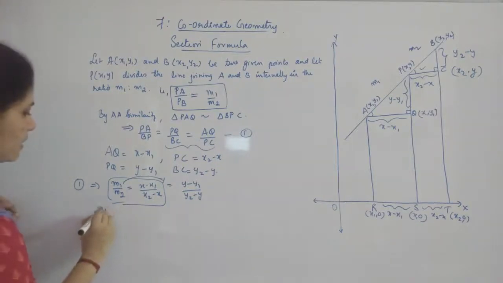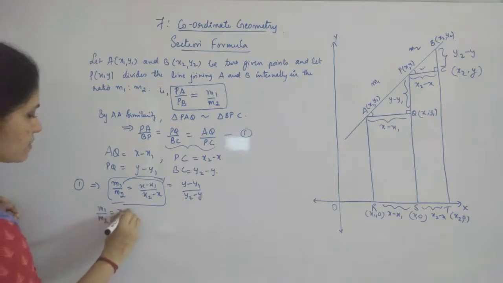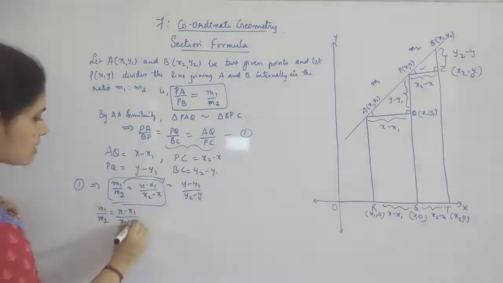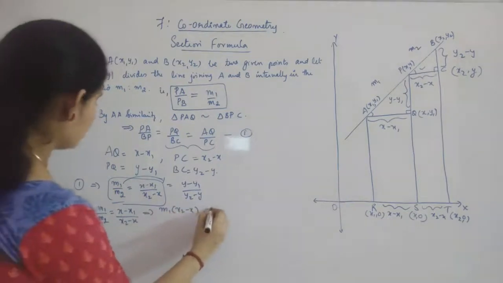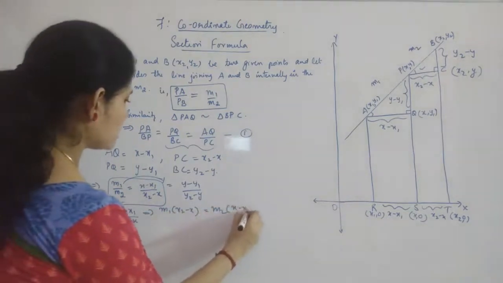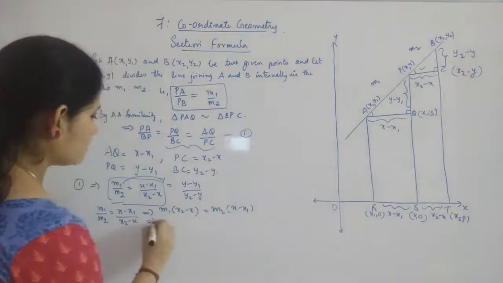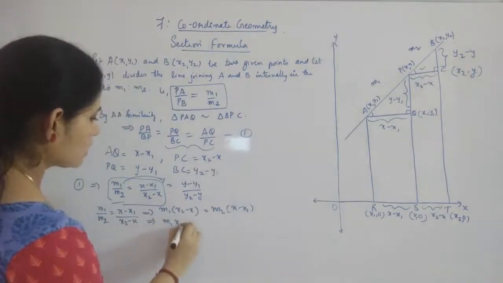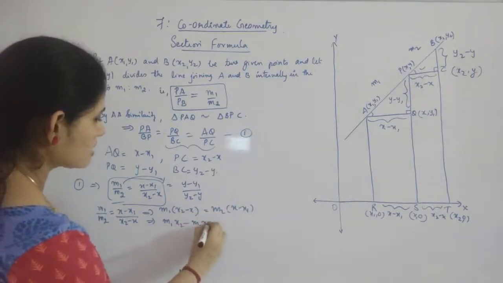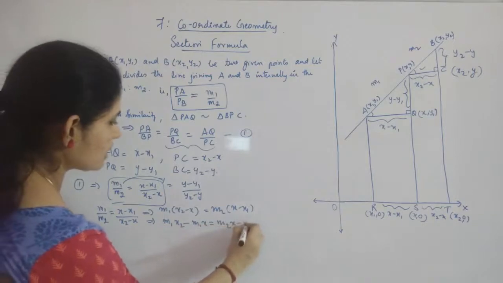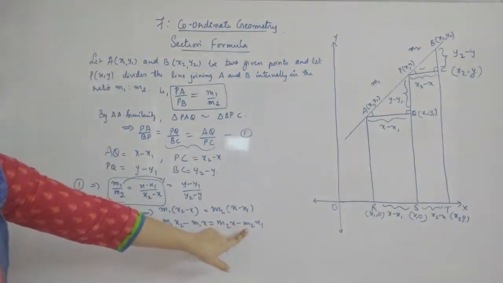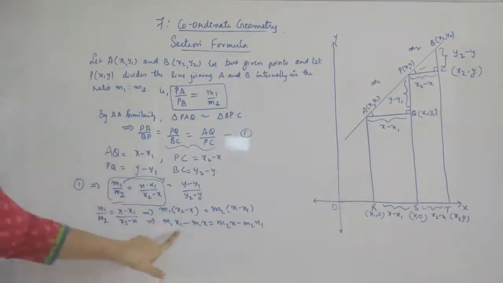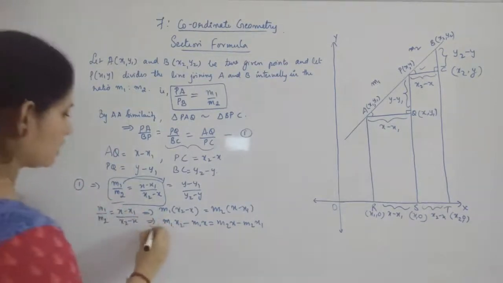So m1 by m2 is equal to x minus x1 by x2 minus x will give you m1 into x2 minus x is equal to m2 into x minus x1, which implies m1 x2 minus m1 x is equal to m2 x minus m2 x1. Now we are just collecting the terms of x together, and x1 and x2 together on one side.